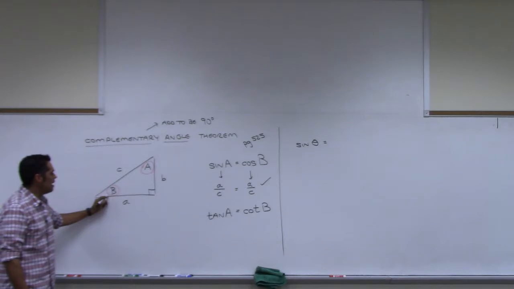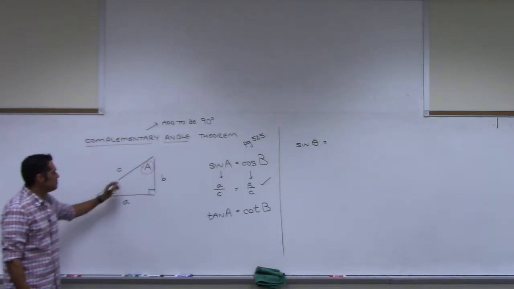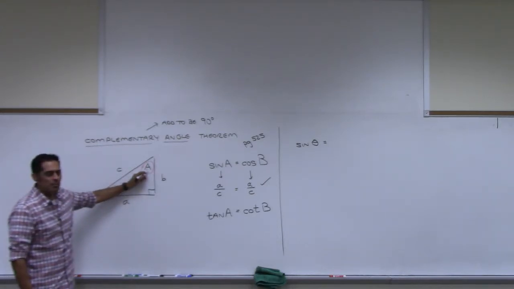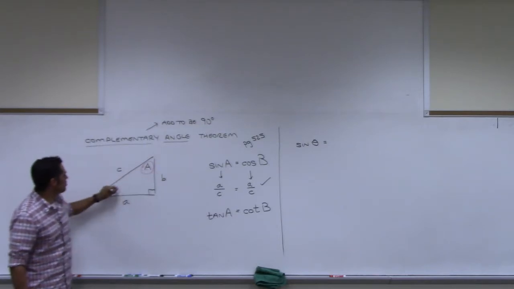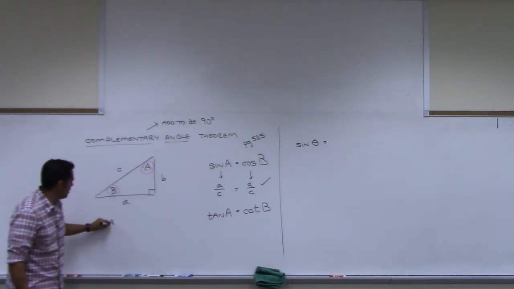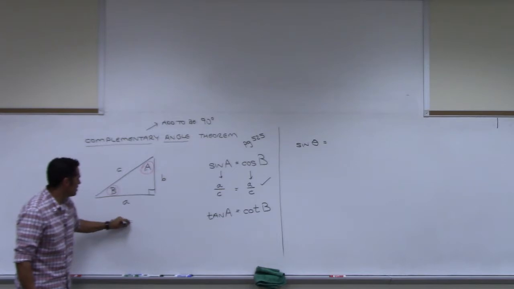But isn't B really the same as 90 degrees minus A? If these are complementary, we know that A plus B has to be 90 degrees.